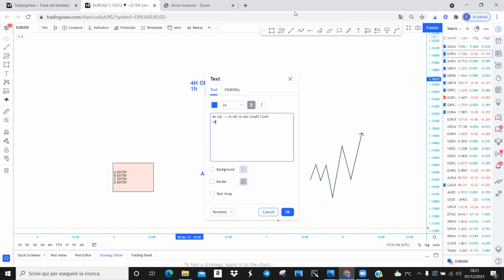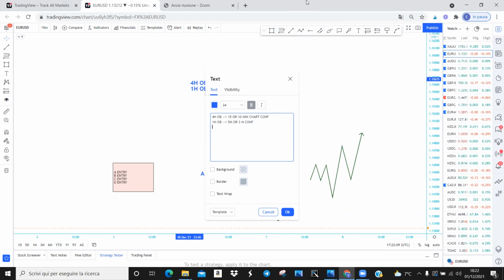If it is a 1 hour order block, we use 5 minutes or 3 minutes confirmation.